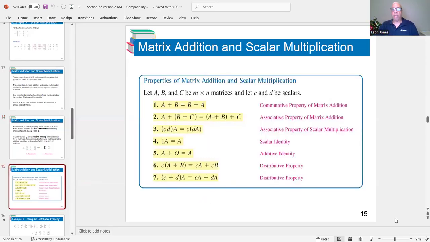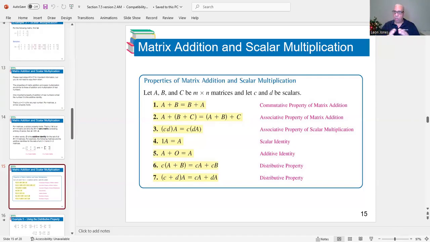Now we also get into some properties that involve other forms of mathematics, particularly algebra. This is the property of matrix addition and scalar multiplication. So basically you let A, B, and C be m times n matrices and let c and d be scalars. Now, you have heard of the commutative property.